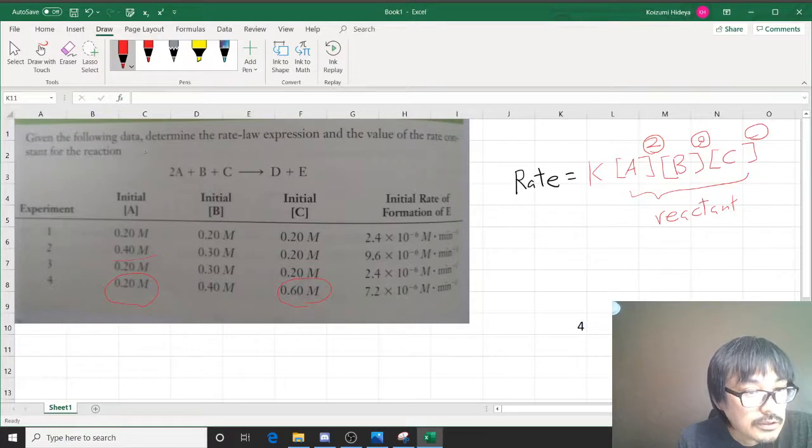Not to 40, that's not right. Maybe this one.